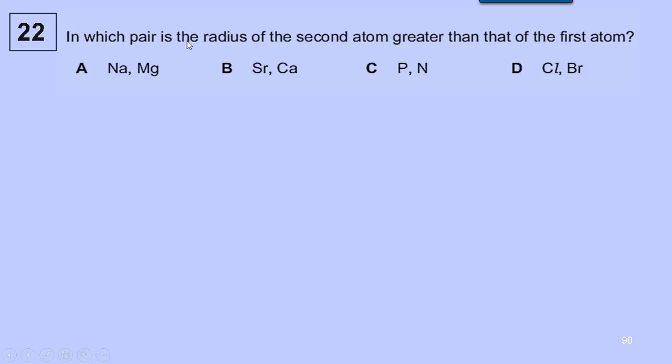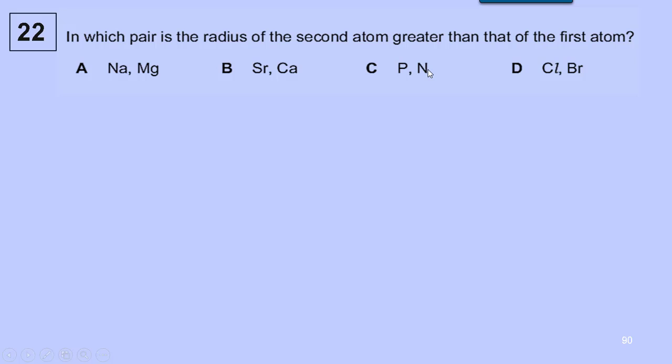In which pair is the radius of the second atom greater than the radius of the first atom? The first choice, sodium and magnesium, by moving from the left to the right, the atomic radius decrease. So the choice A is not correct. The second one, calcium and strontium are in the same group, but strontium has larger atomic radius, so the second one is not correct.